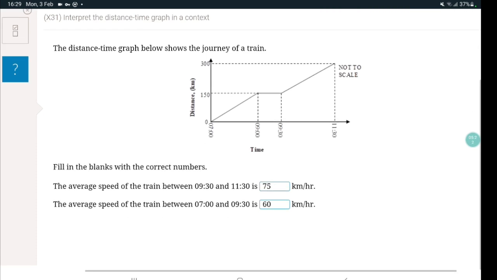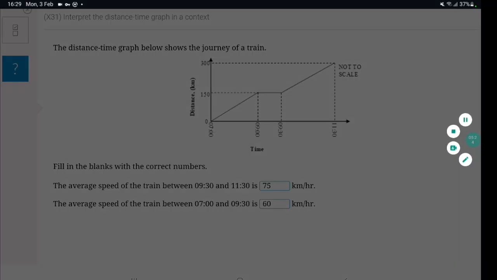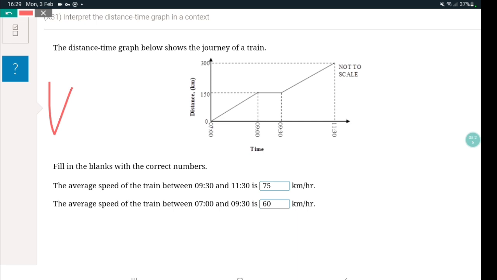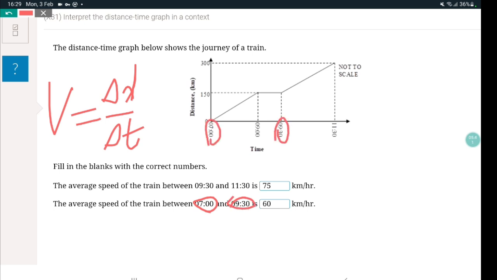Okay, next one, same rule, v equals delta d over delta t. Now the difference is they're asking between 7 and 9:30. 9:30 is here, 7 is here.